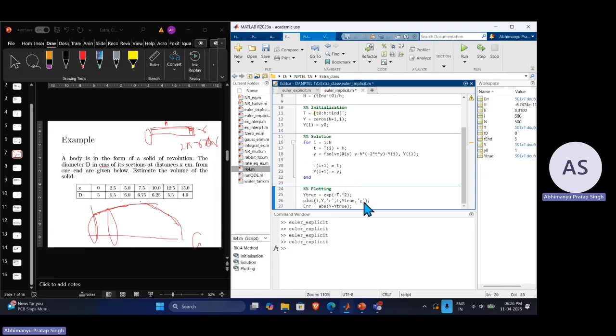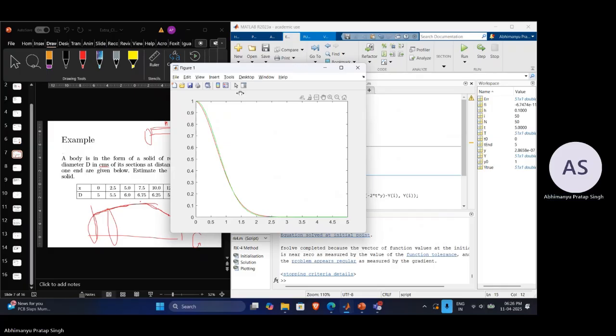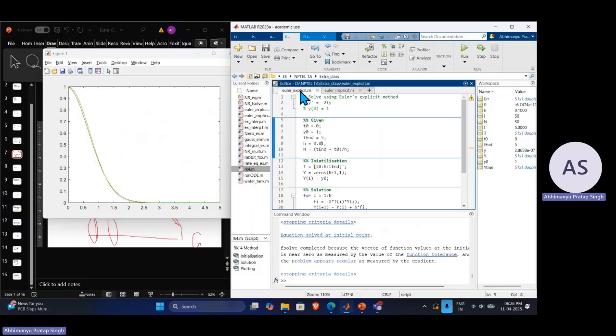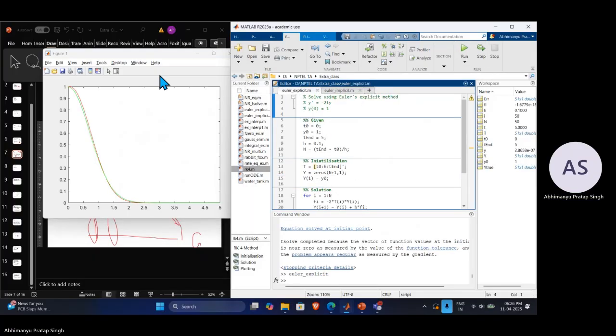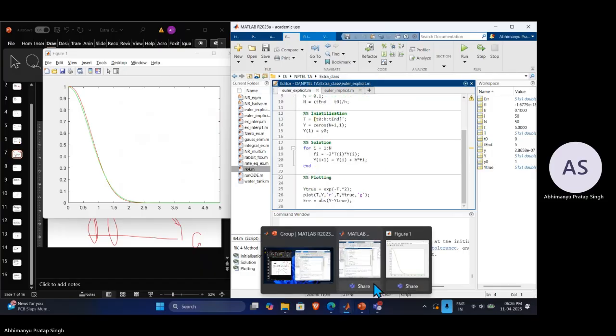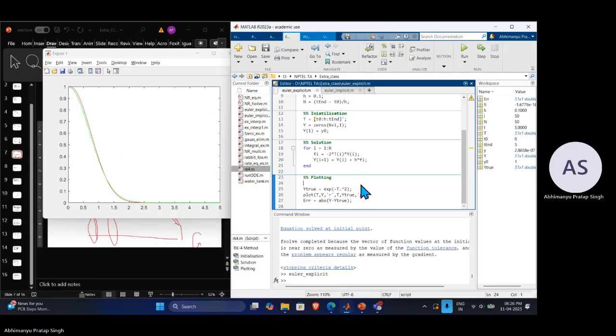And then I am plotting again over here. So I will run this. It might take a long time. So for 0.1, this is what I'm getting. If I do the same 0.1 for the explicit case, I think I need to create another figure, not plot.